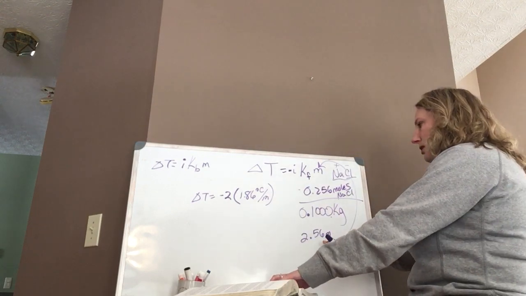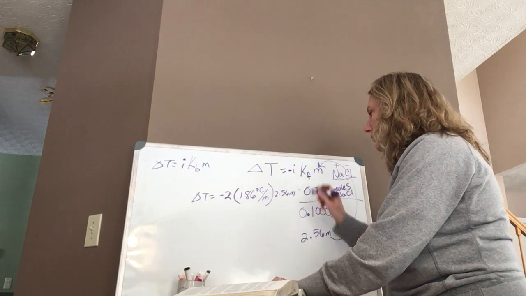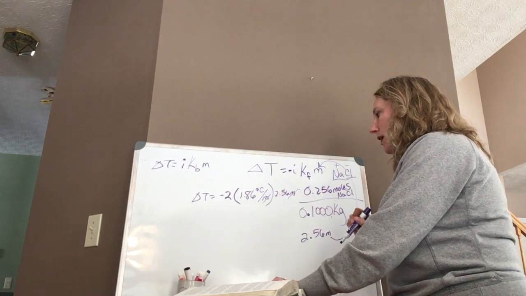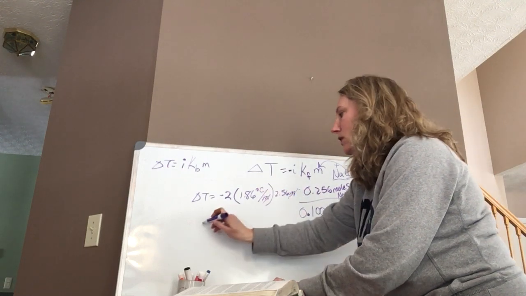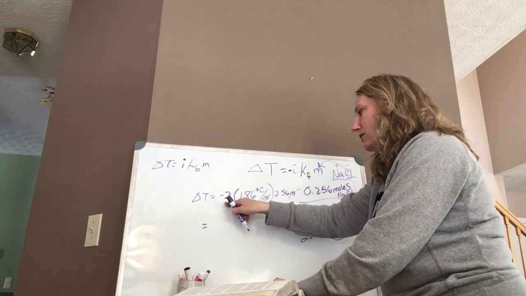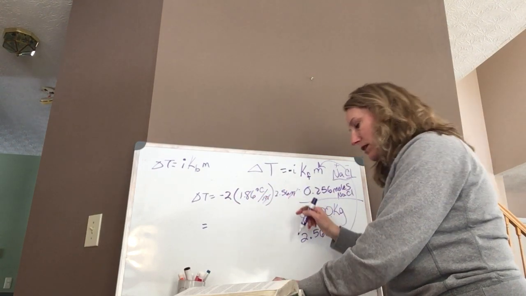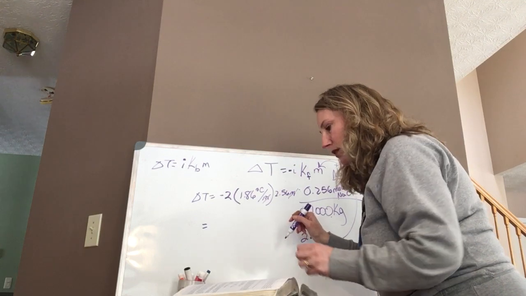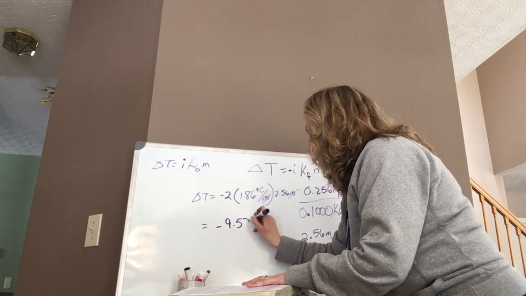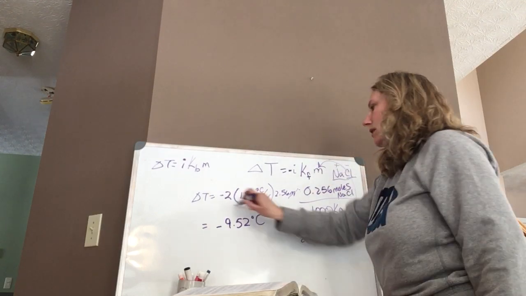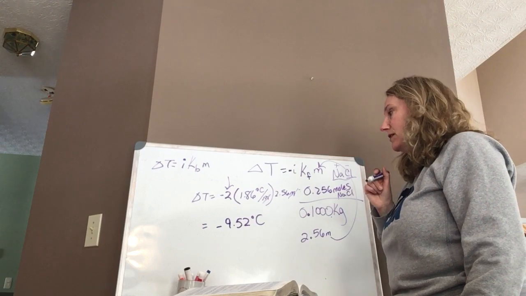And this is your m, 2.56 m. So this m cancels that m off. The only unit you have left in this is degrees C. So this means that if you take negative 2 times 1.86 times 2.56, you get, I don't have my calculator here, negative 9.52 degrees C. This is a perfect number, so that doesn't factor in for your significant digits.